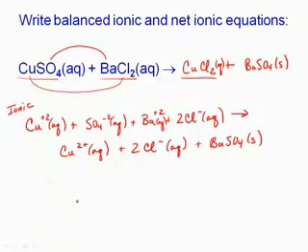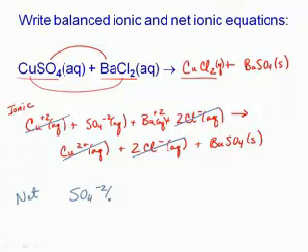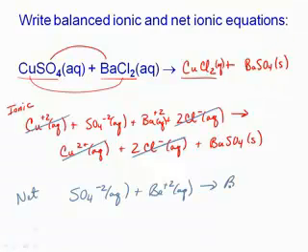The copper is the same on both sides. The chloride is the same on both sides. So my net equation then is going to be the sulfate ion combining with the barium ion to make a barium sulfate precipitate.